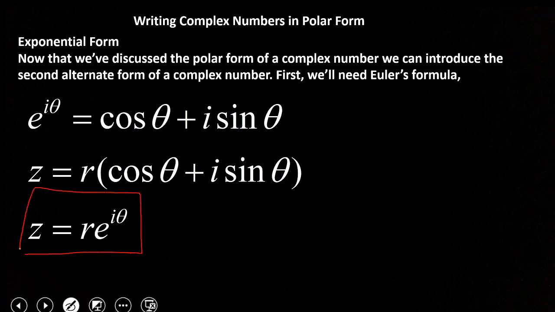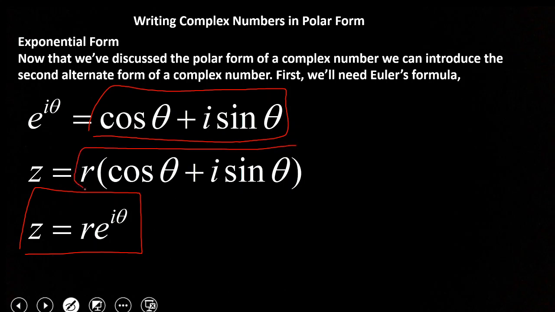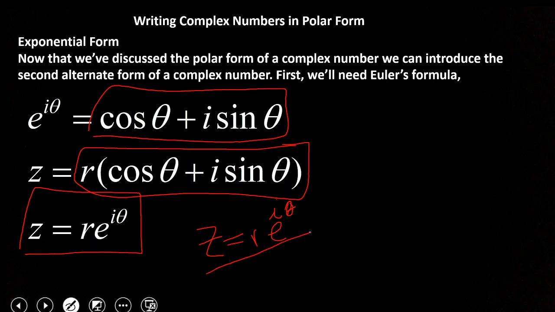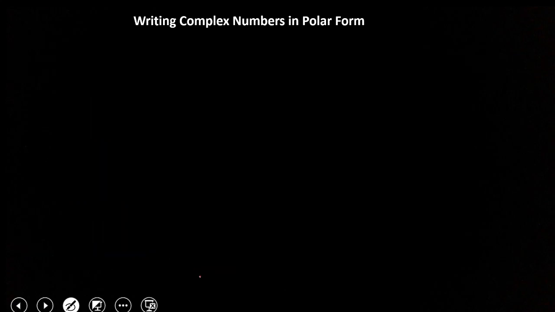Since we can write e to the i theta as that, and we know that was part of the complex number in polar form, if this part of it is e to the i theta, that means we can write a complex number as r e to the i theta, right? That's another form to write a complex number.